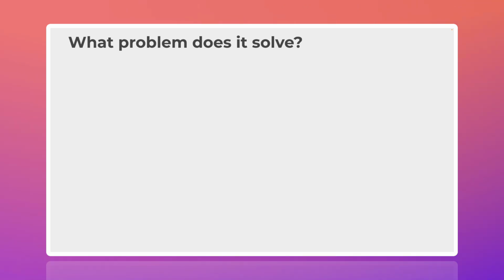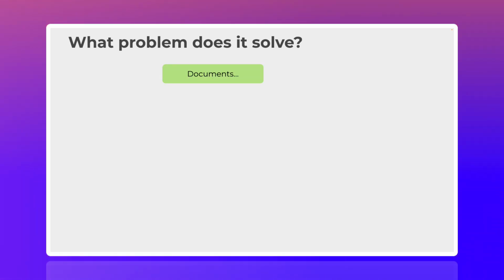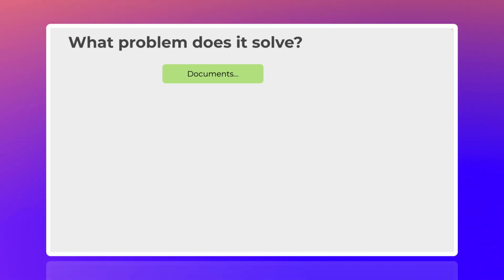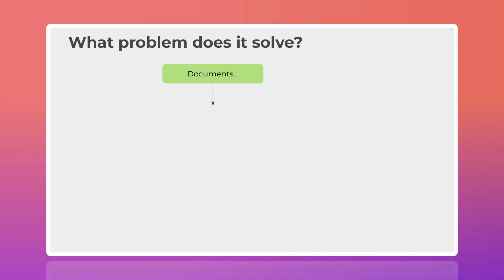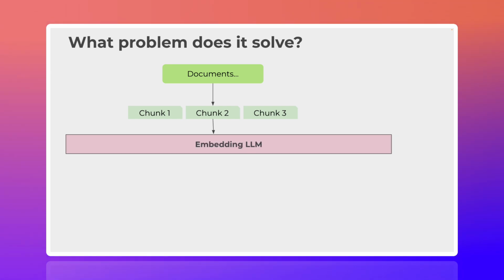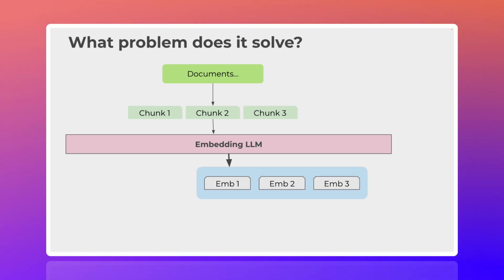Now, what is the problem that Ollama solves? When we talk about large language models, we are usually talking about RAG systems, retrieval augmented generation. The idea is very simple: we have documents. Those documents are chopped into smaller chunks, right? And then we pass those through a model that is responsible for creating embeddings, which are the vector representations of these chunks.